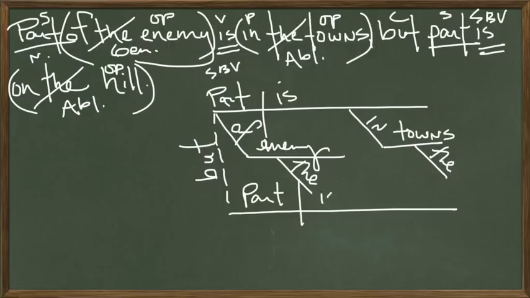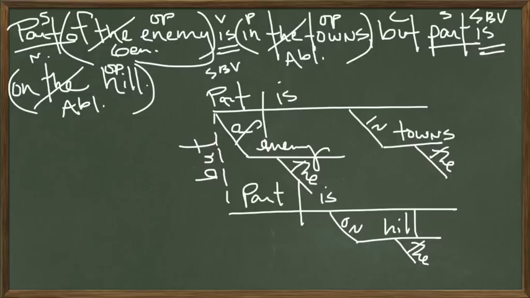But part is on, but part is on hill the. Okay. So, it's pretty complicated, but we've diagrammed it, and unfortunately I've left myself very little space to write in Latin, but we'll give it a shot.